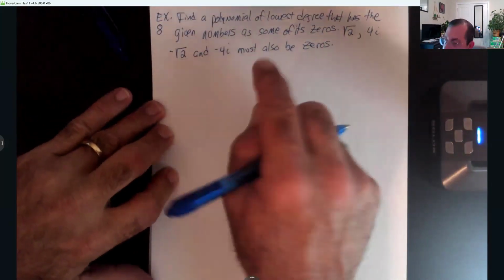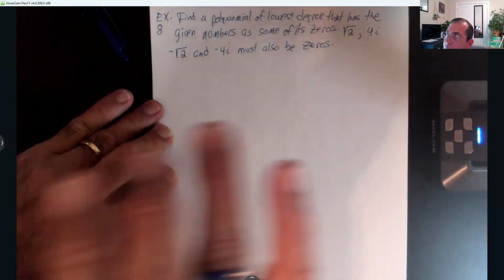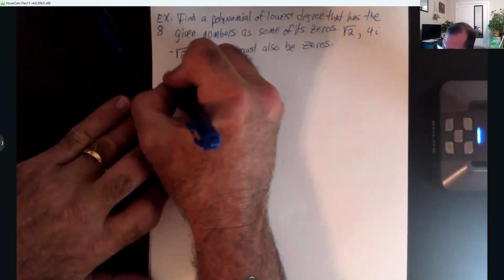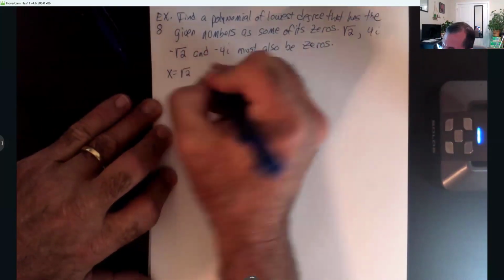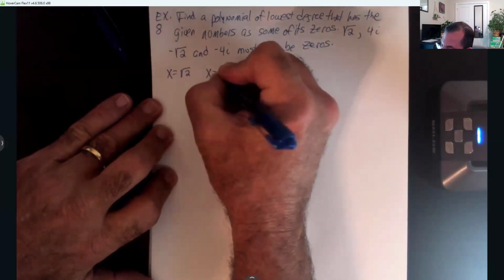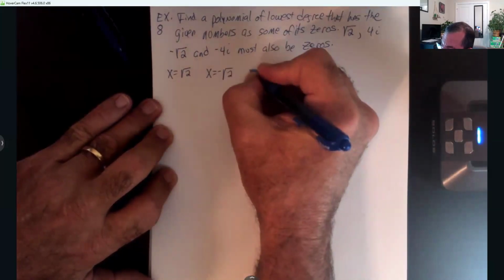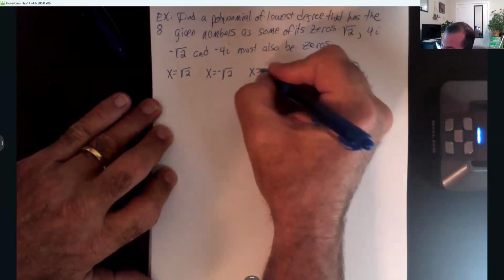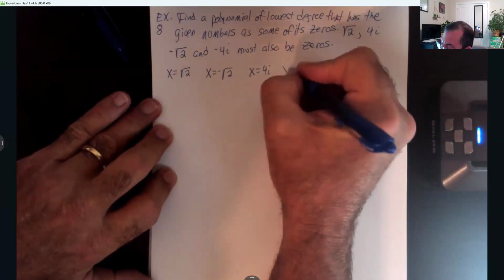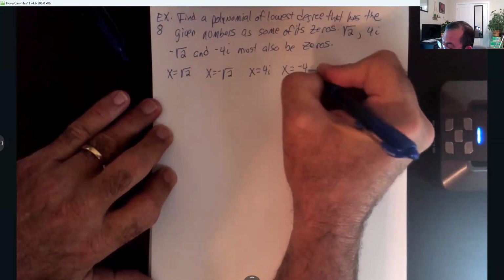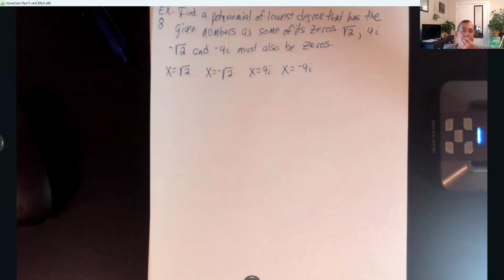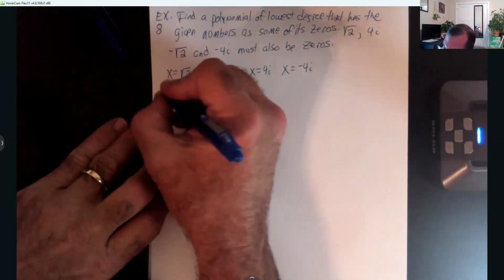Now I'm going to set them together so when it's multiplying, they're easier. So I'm going to do x equals square root of 2, x equals negative square root of 2, x equals 4i, and x equals negative 4i. All right, add and subtract, get zeros on the right side.